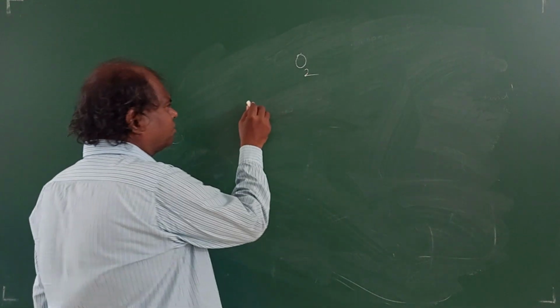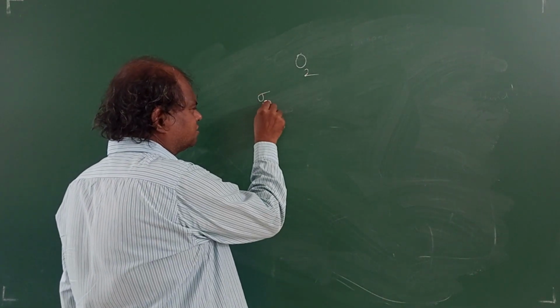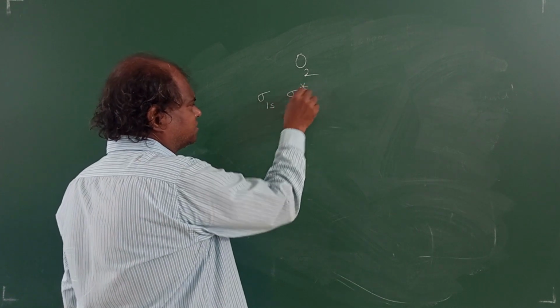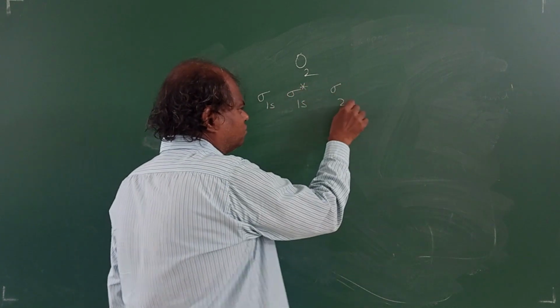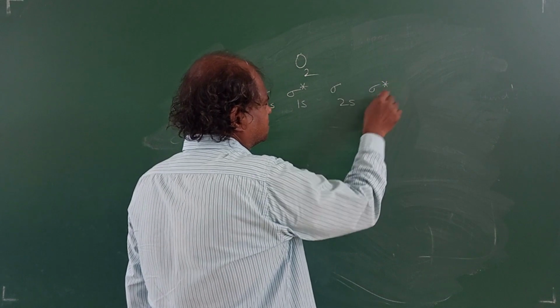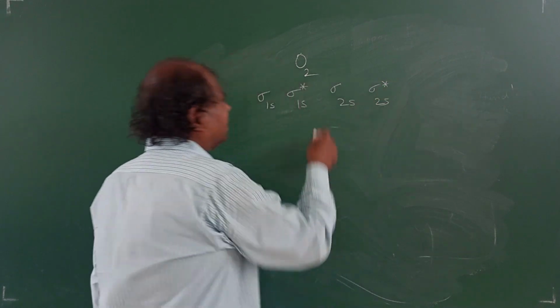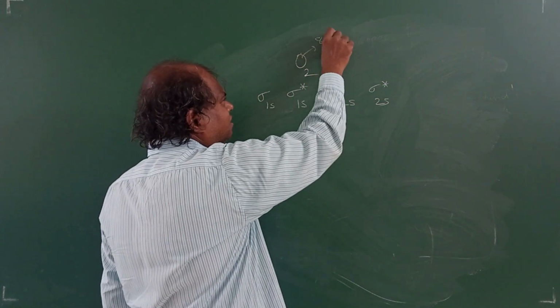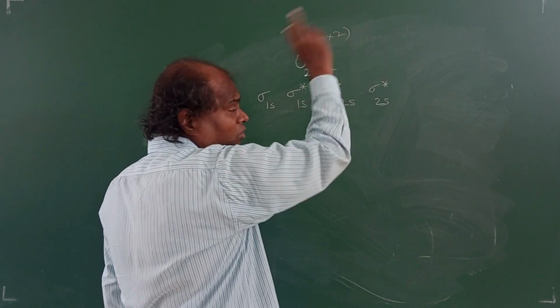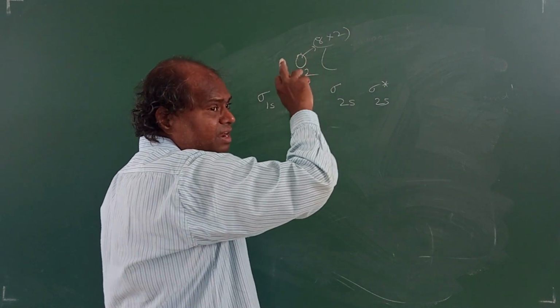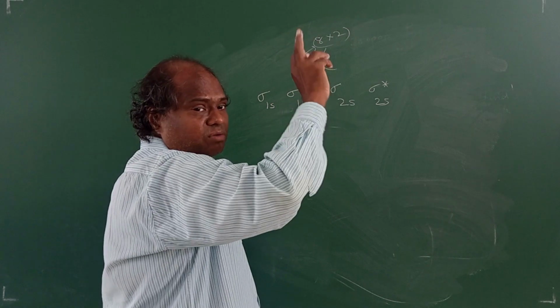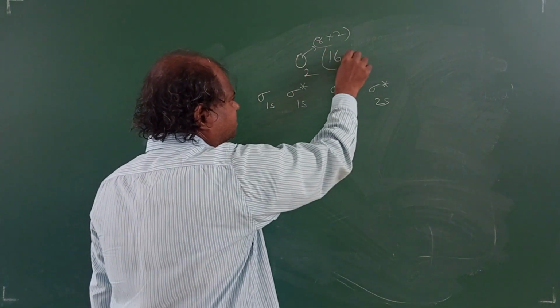For O2, how will you draw the sequence? Sigma 1s, sigma star 1s, sigma 2s, sigma star 2s. I think we'll fill the electrons. O2 means how much? 8 twos are 8 electrons in total. Remember, you should take the total electrons, not the valence. Total, always total. So 8 twos are how much? 16 electrons, right?